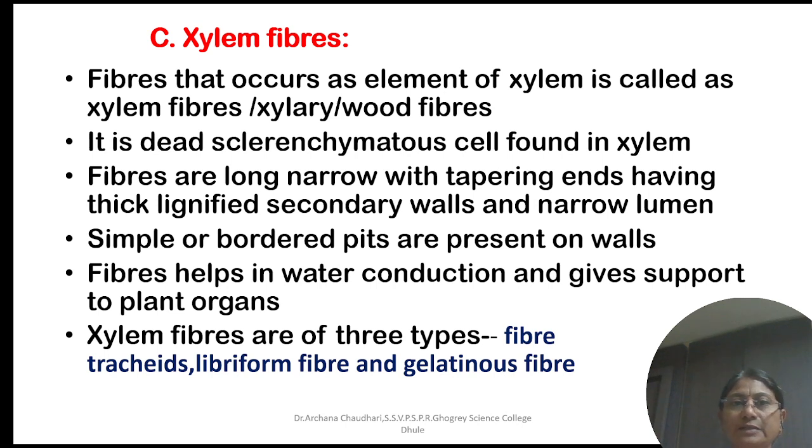Fibers that occur as an element of xylem are called xylem fibers, also called xylary or wood fibers. It is also a dead sclerenchymatous cell found in xylem. Fibers are long, narrow with tapering ends, having thick, lignified secondary walls and narrow lumen. Simple or bordered pits are present on the wall.